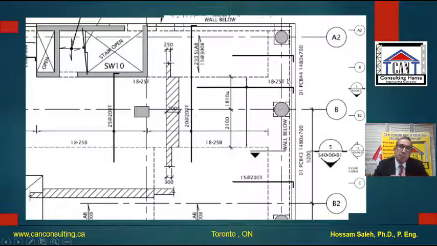In a bigger picture here, you can see that this top bar, you have 18 number 25 top, so it's 18 bars from here to here in this width, and that's number 25, and that's at the top layer. And this bar here, which is the top bar also, is 20 at 200 top.